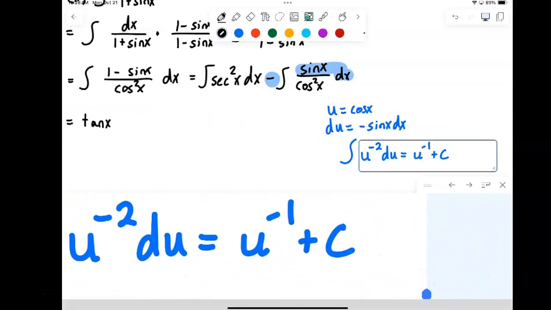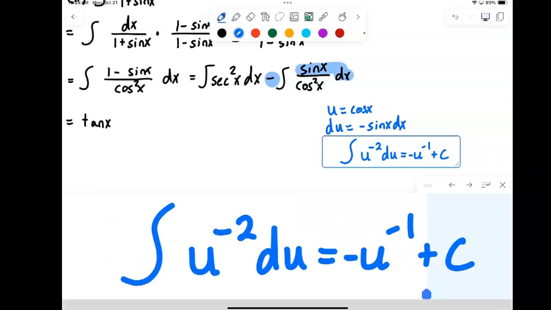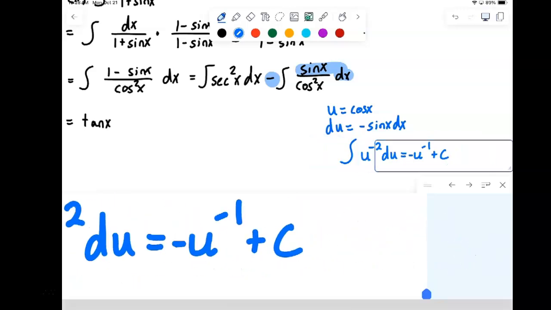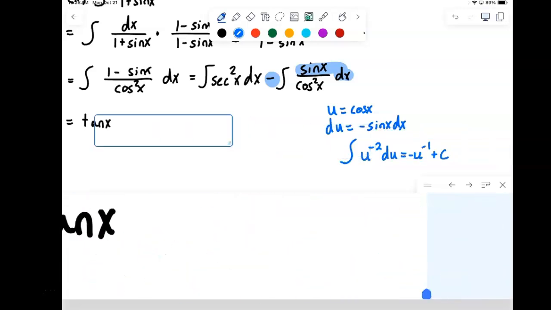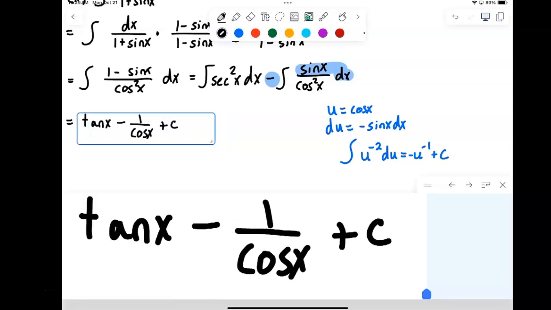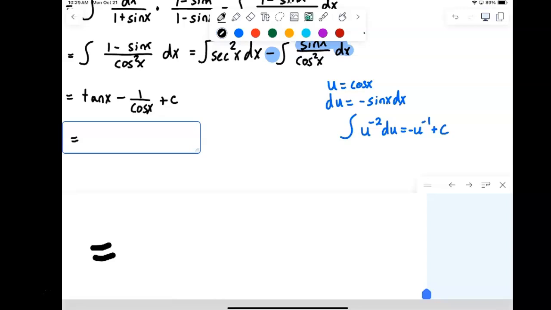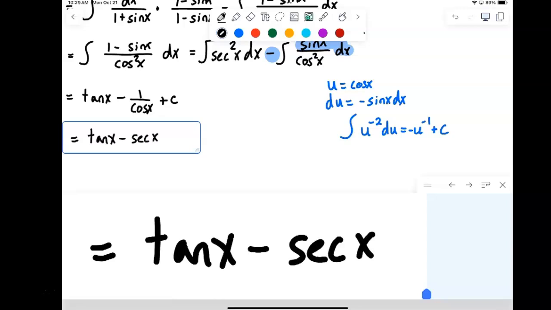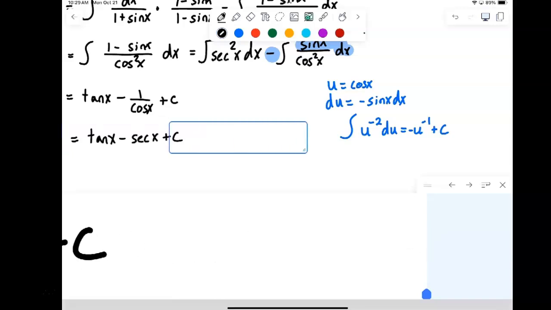And this will actually be minus 1, right? Because add 1 to it, you get minus 1, and we have to divide by it. So minus 1 u to the minus 1. So that will be minus 1 over cosine x plus a constant, or better known as tangent x minus secant x plus a constant.